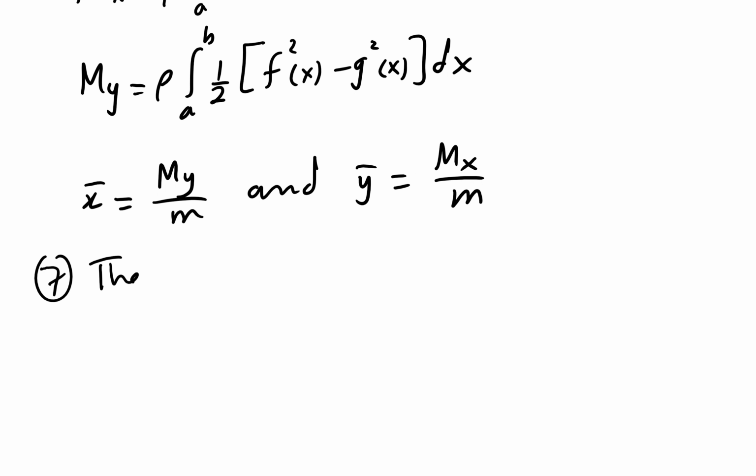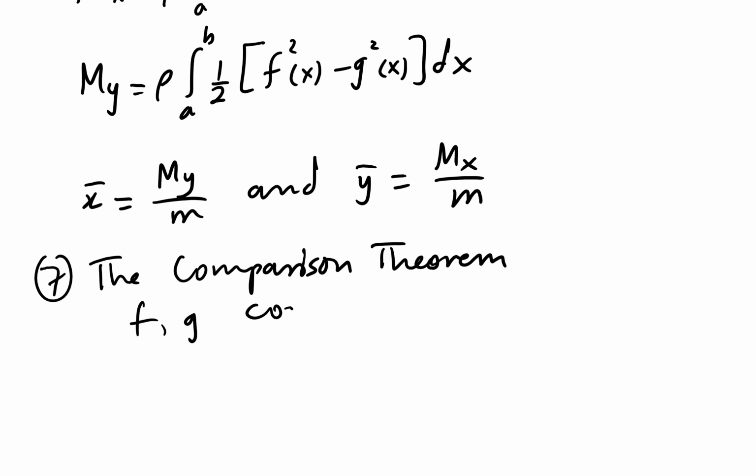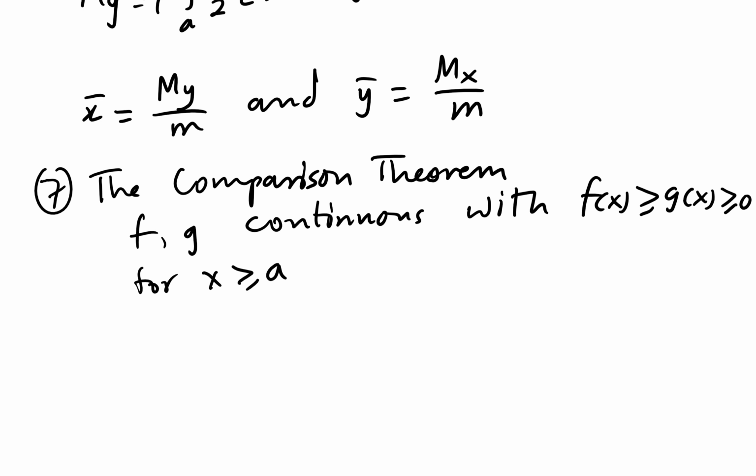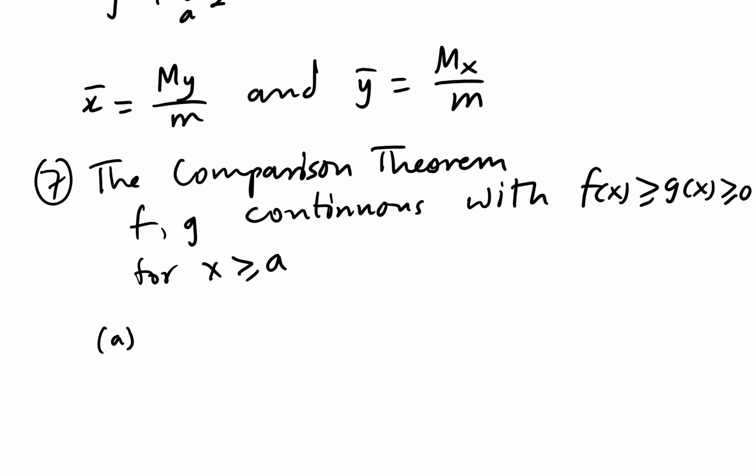The comparison theorem. The comparison theorem says if you have two functions g and f that are continuous with f of x bigger than or equal to g of x, bigger than or equal to 0, for x bigger than or equal to a, then there are two things.